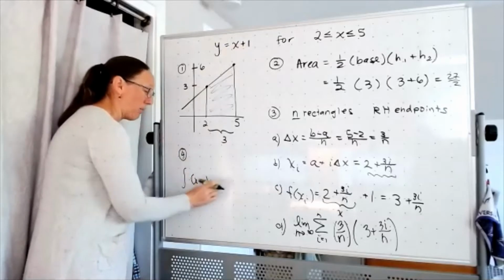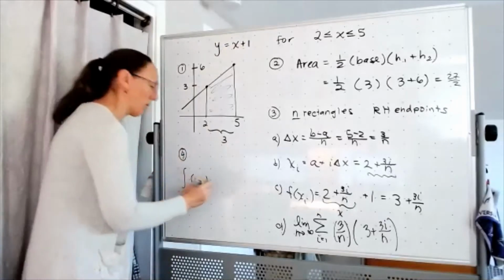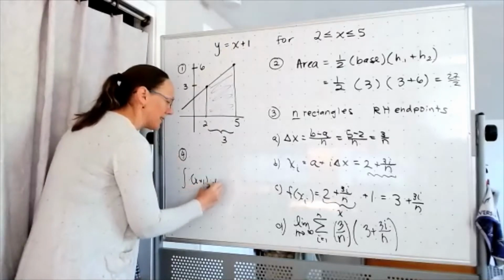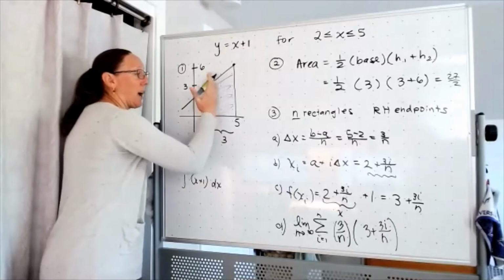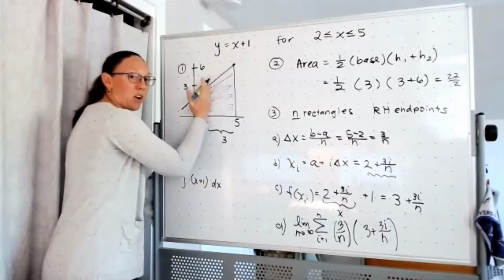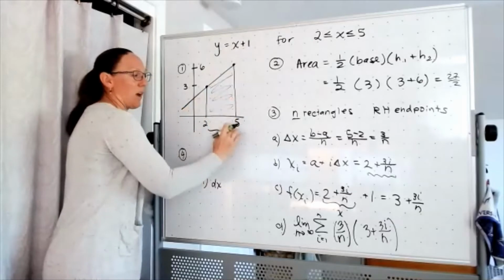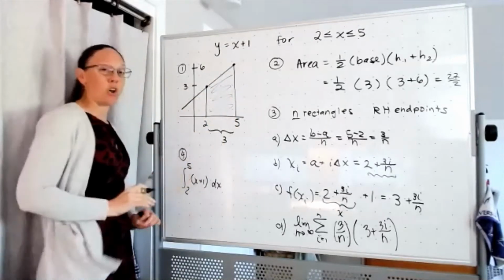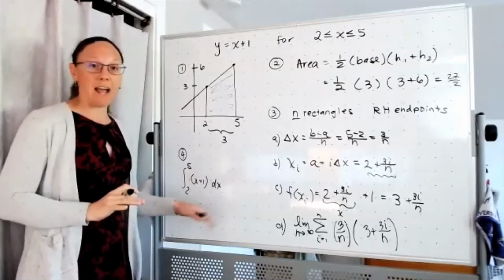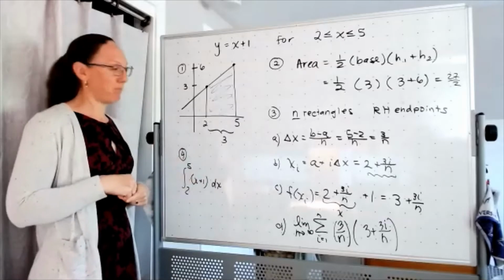And then our base, or our delta x, when we're putting it in definite integral form, becomes dx. And my limits of integration say I'm going to take those rectangles as far to the left as 2 and as far to the right as 5. So this would look like 2 to 5. And that's all you needed to do. You didn't have to actually evaluate that, though for practice, we definitely could.